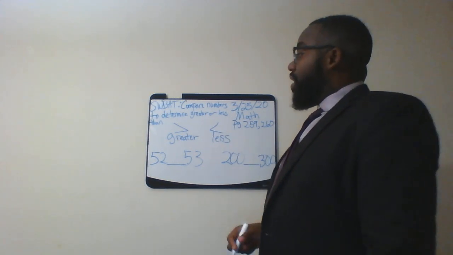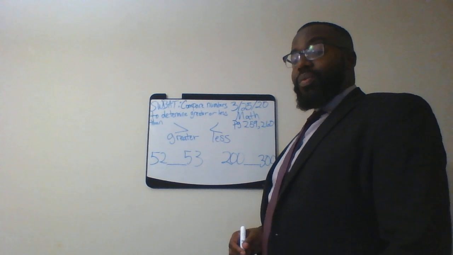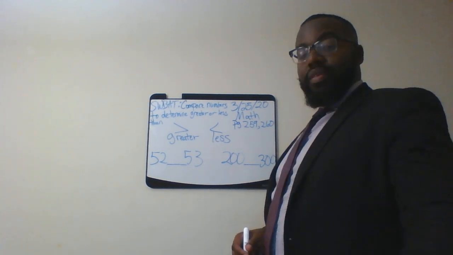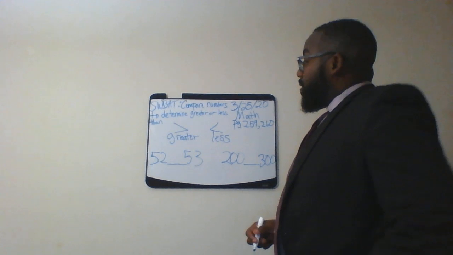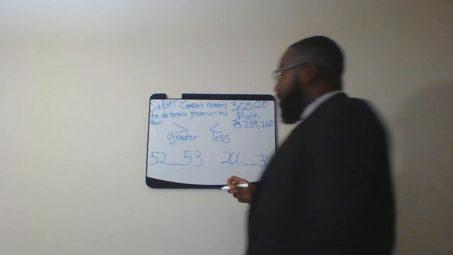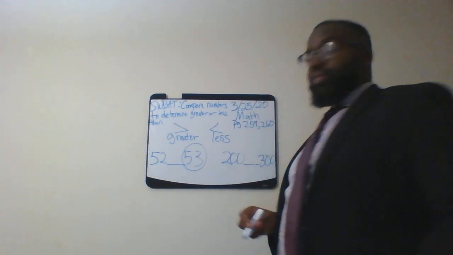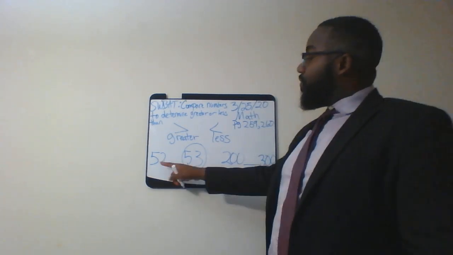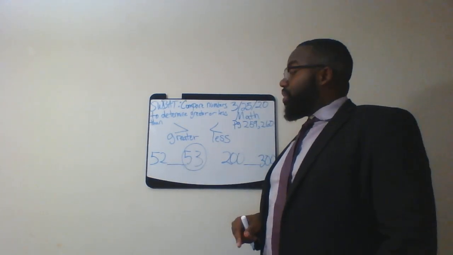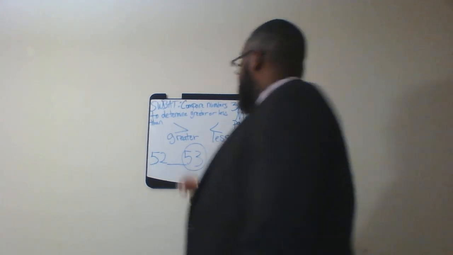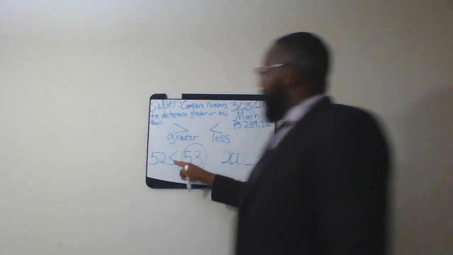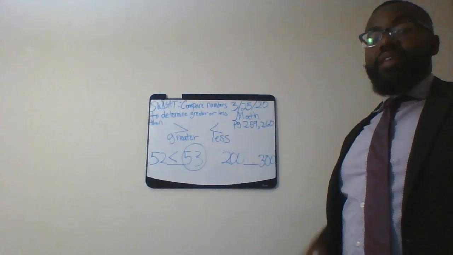What is greater? 52 or 53? That is correct. 53 is greater. So what we're going to do first is circle that. And now 52 is less than 53. You're going to draw the less than sign. That's indicated here. You put that correct sign right there.